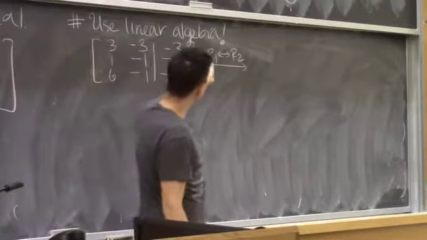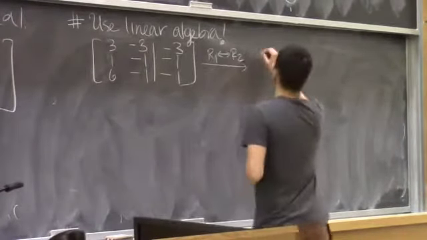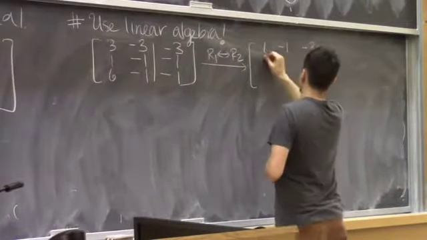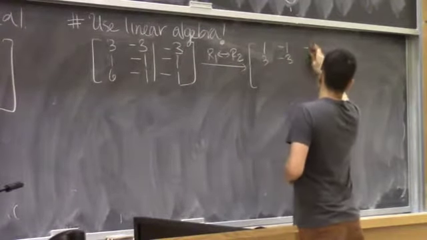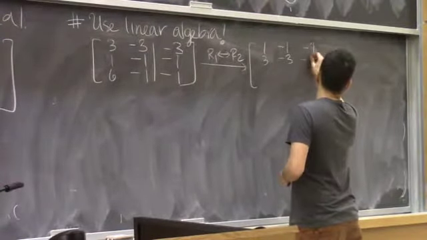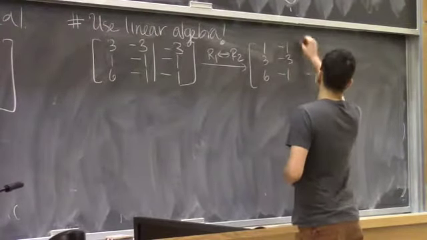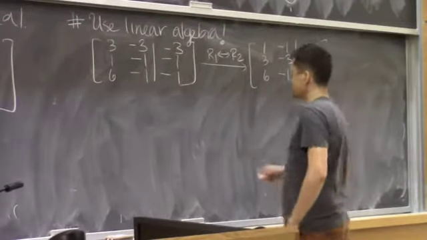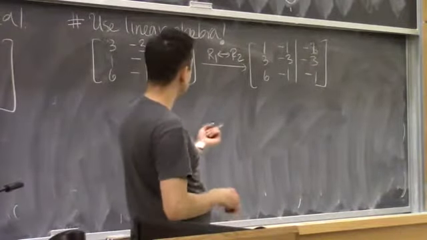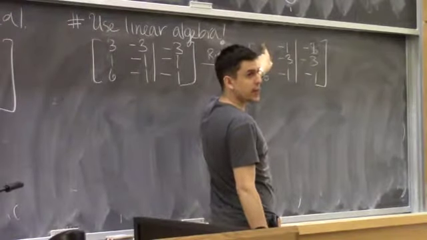R1 means row 1, R2 means row 2. Like this.